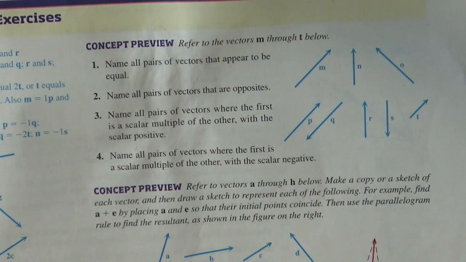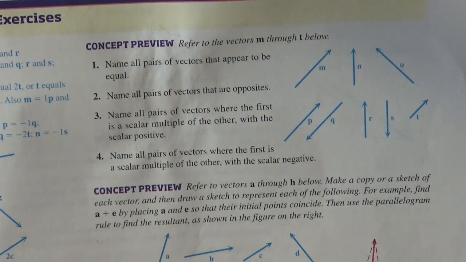Number 3, name all pairs of vectors where the first is a scalar multiple of the other with the scalar positive. Okay, so what does that mean? You can think of a scalar as a constant. So it just means that whatever that vector length is, we're multiplying that by a positive number. Now it could be a fraction. The scalar multiple is going to make the vector longer or shorter.